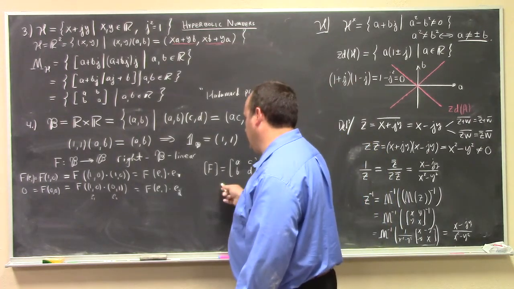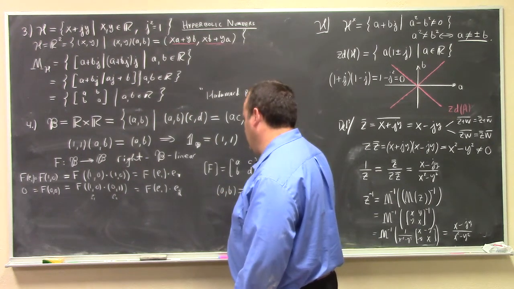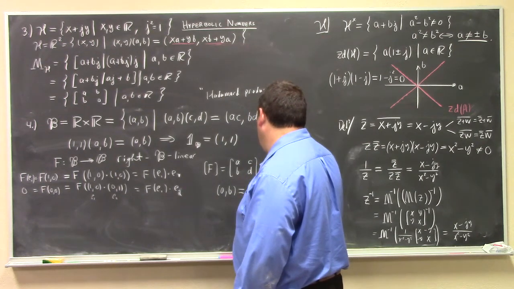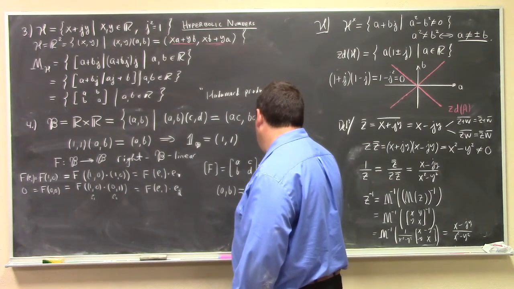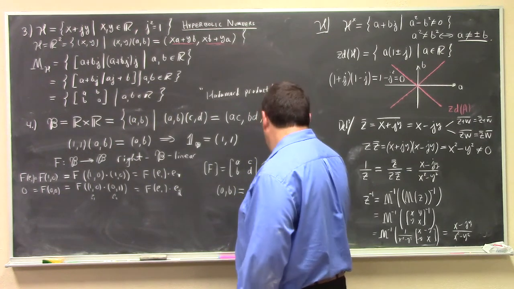So the one equation we have is that F of E1, which is AB, is equal to AB times E1. E1 was 1, 0. So what does this tell us?